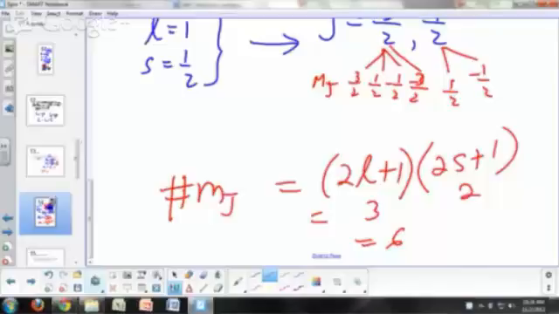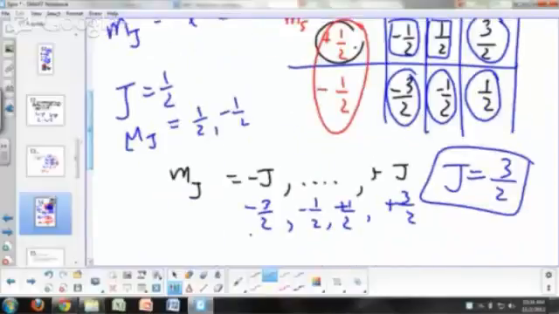So the degeneracy of the 2p, any p subshell, is actually 6. There's 6 ways that an electron can be in a p orbital. It can be p plus 1 spin up, p plus 1 spin down, p0 spin up, p0 spin down, p negative 1 spin up, p negative 1 spin down. Those are the 6 different ways.